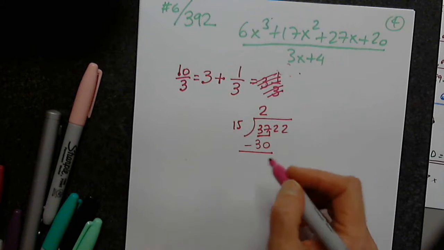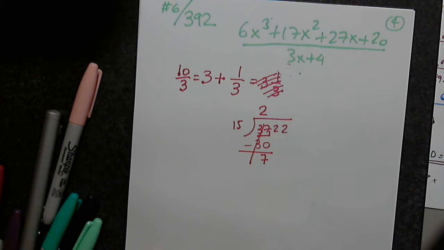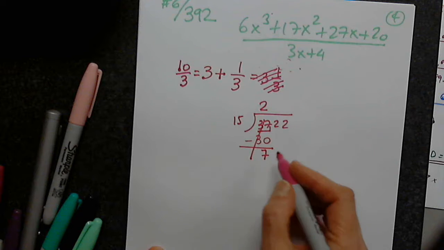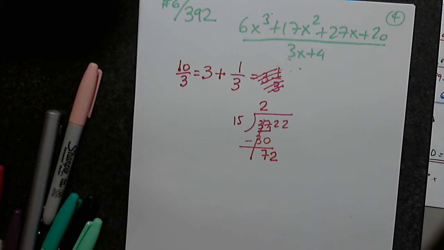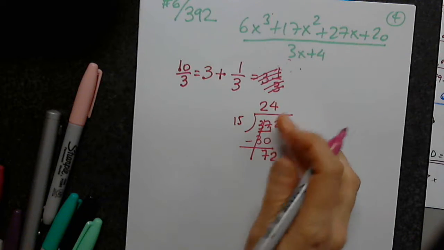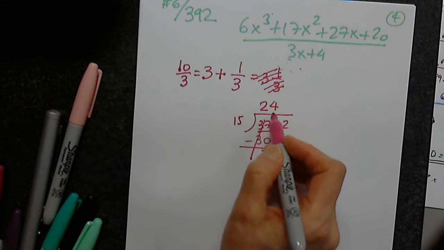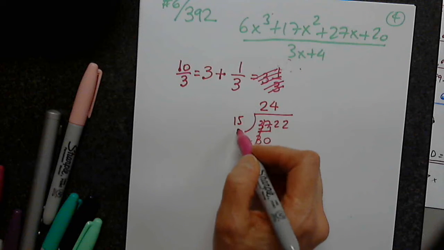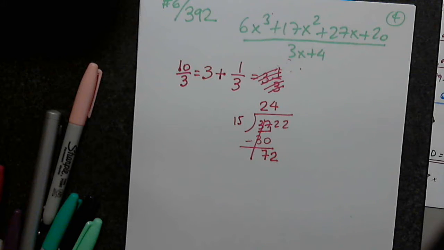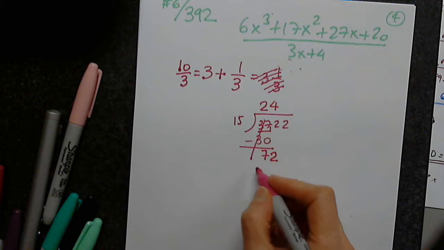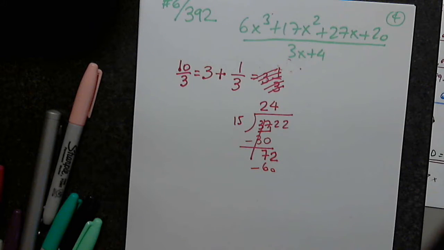Perform the operations I see. This goes away, and I have 7. I bring down the next in line, 2. Now I'm asking myself, 15 goes into 72, so it's 30, 60, so it's 4, right? I go back with 4, and I multiply 4 by 15, and I have 60, but I have to write negative 60, although 4 times 15 is positive 60.